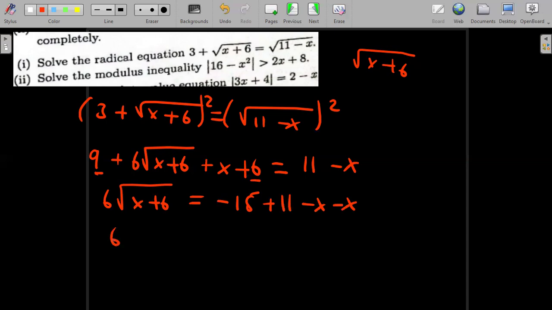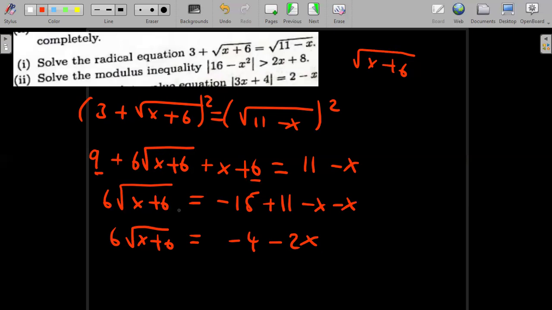So 6 root of x plus 6 is equal to, adding these, negative 4, then minus 2x. So this is what I get.